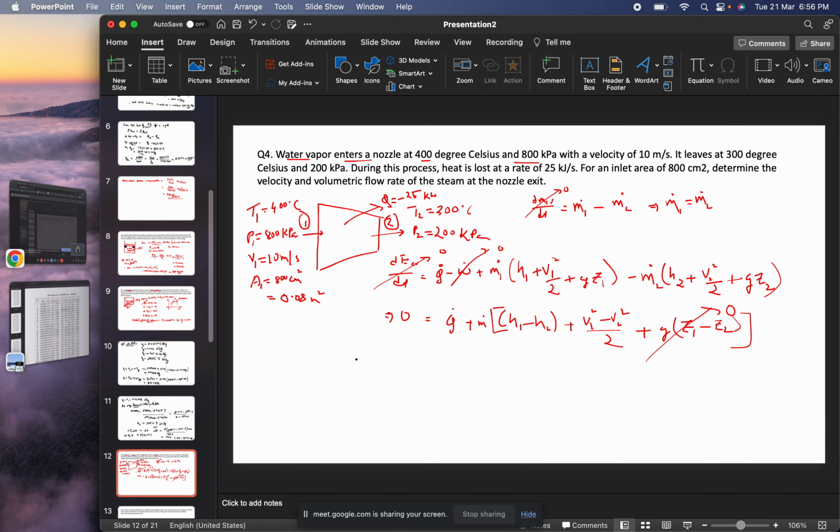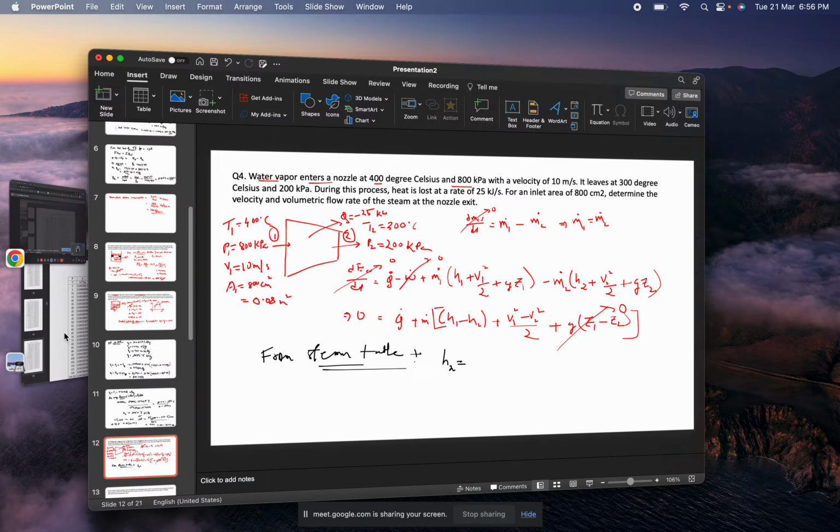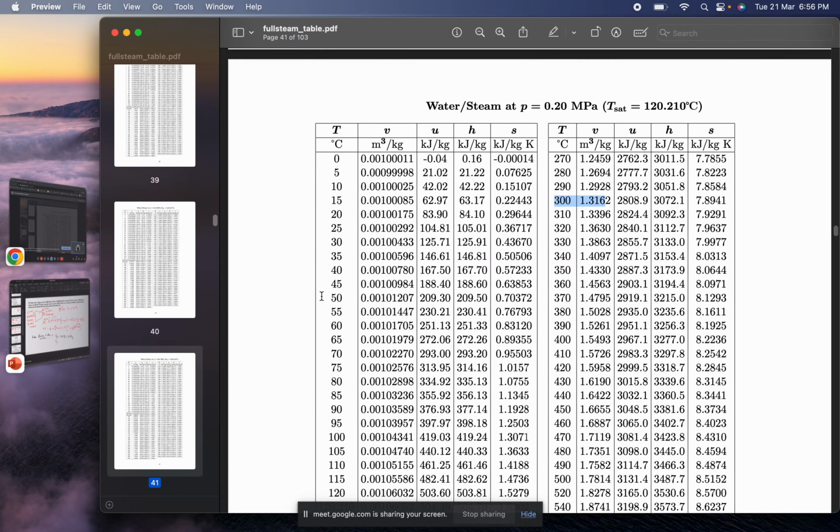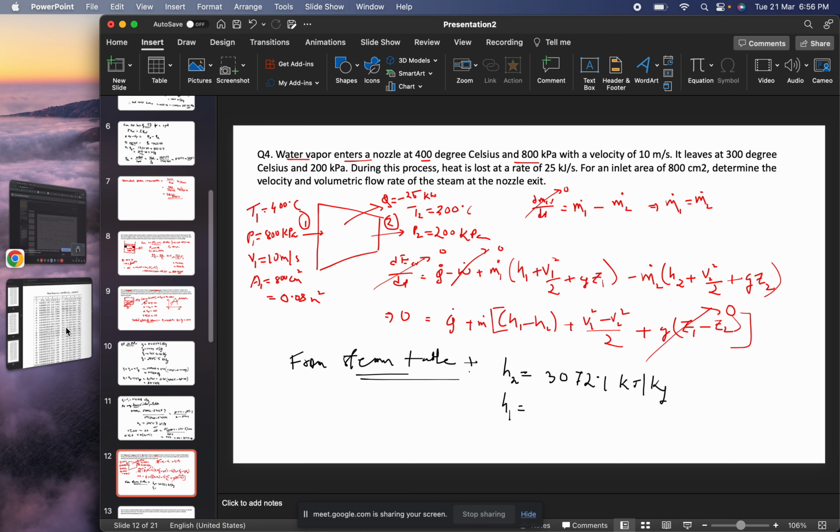So what we got from the steam table, we got H2 is equal to 3072.1 kilojoule per kg. And what will be H1? H1 we need to check at 0.8 megapascal, isn't it?